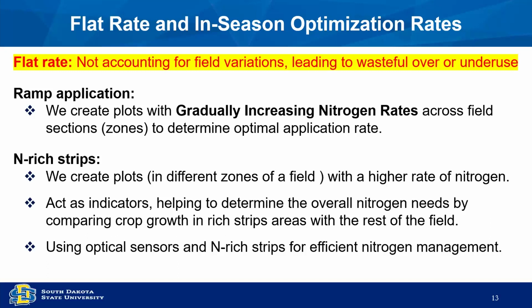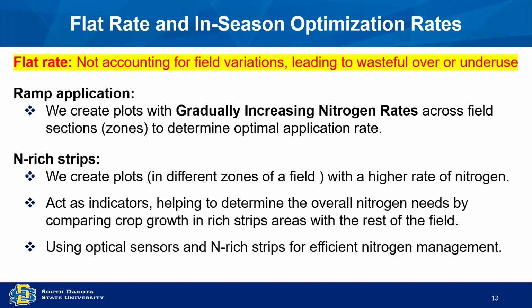One is ramp application, in which we create plots with gradually increasing nitrogen rates across the plots in the field, in different zones. When we walk with an optical sensor or just visually, we can see how far the color changes.